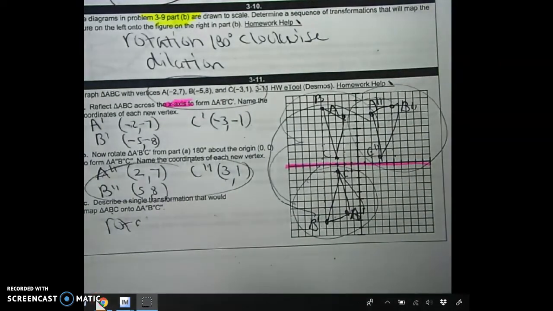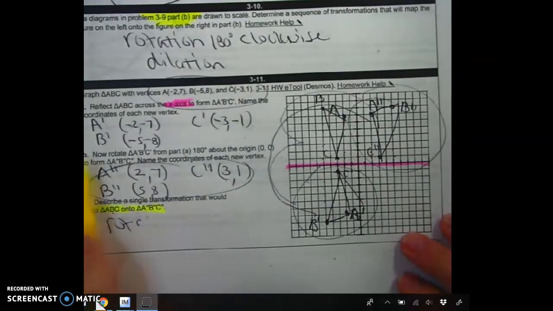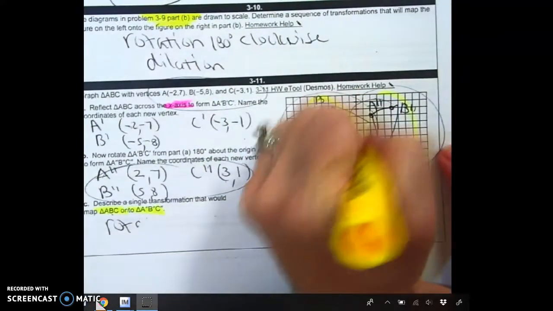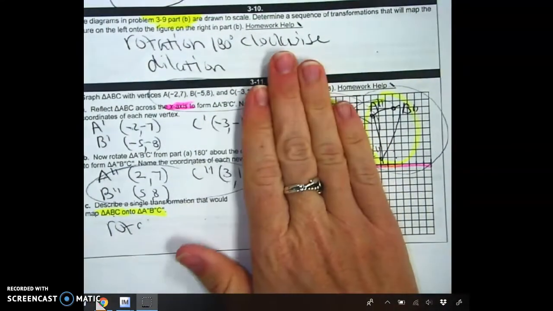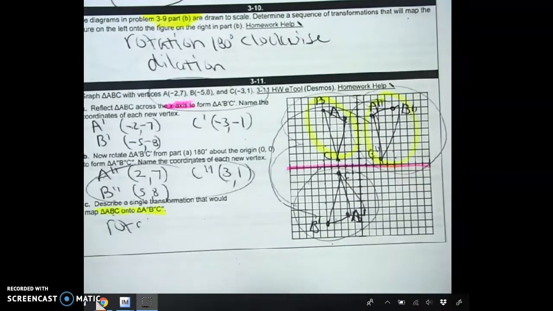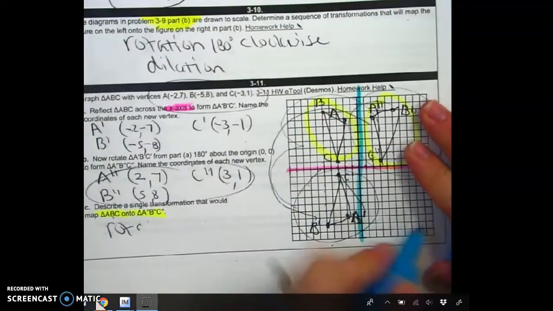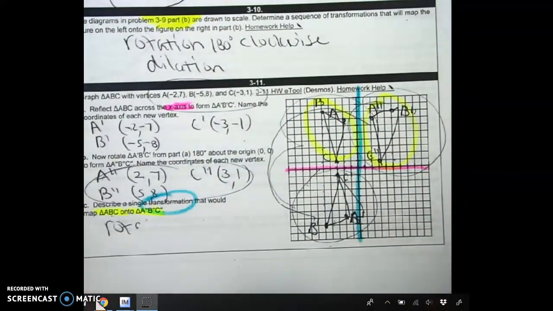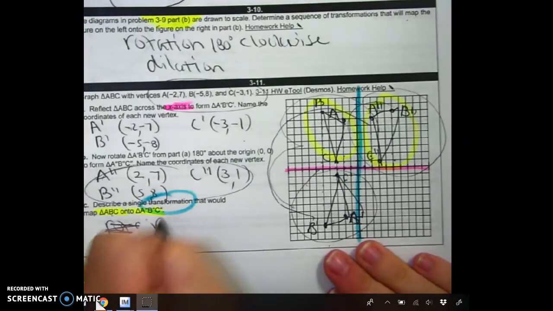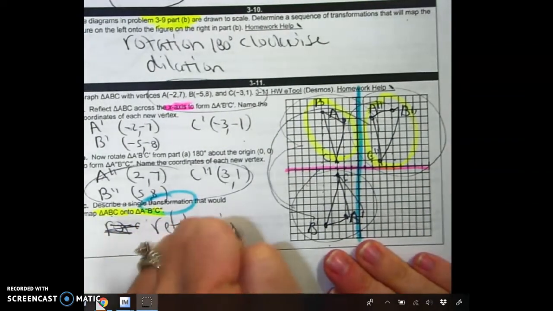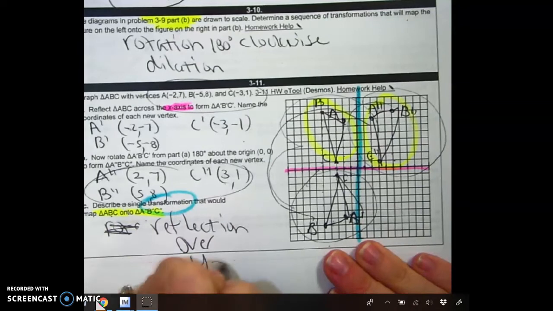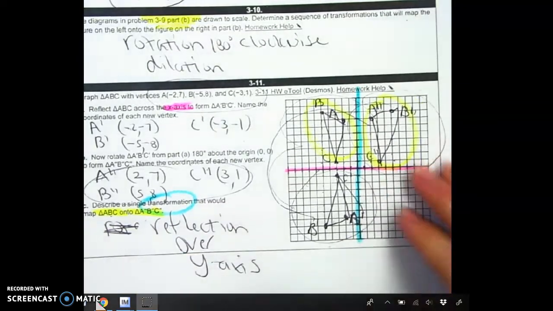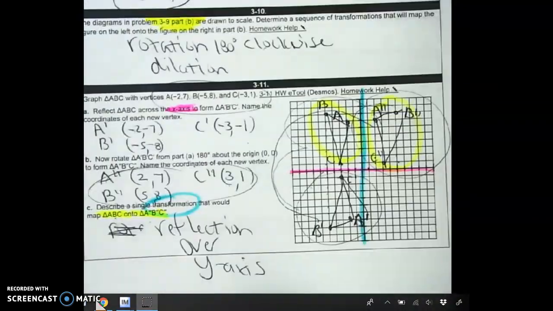We're good. They want you to take A to A double prime, so this over to this. It was here, and now it's here. That looks like a reflection over the y-axis. And that's your homework. Hopefully it helped.